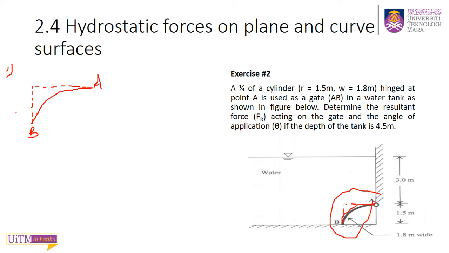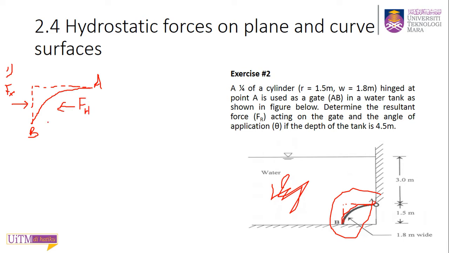So you need to label all your forces in each direction, horizontal and vertical. One is acting towards this, your Fx, because your water is inside here, so the water will exert the hydrostatic force on this imaginary plane. So Fx, and then you have another force against that, which is the Fh.